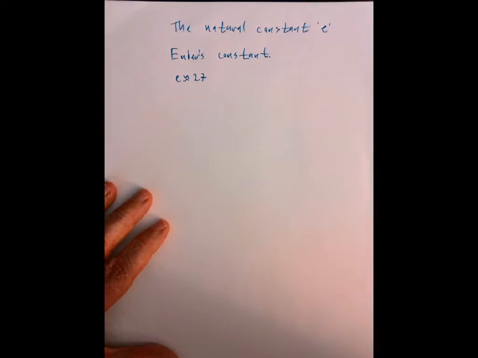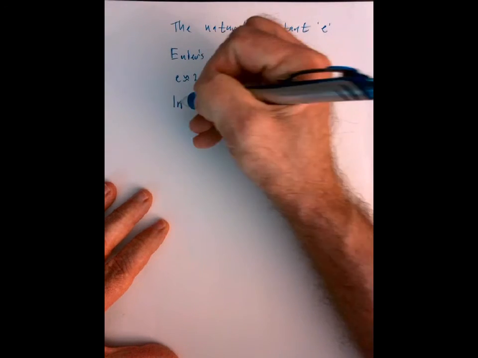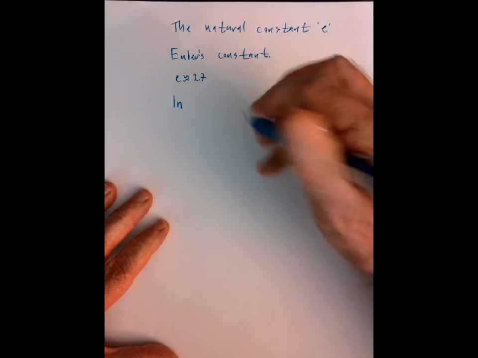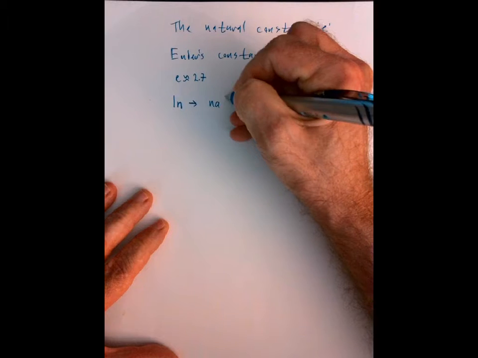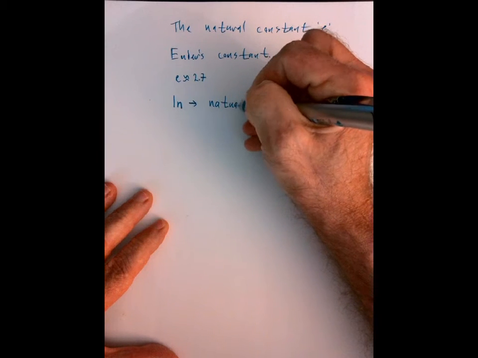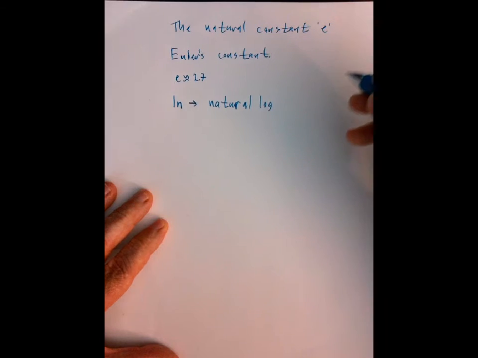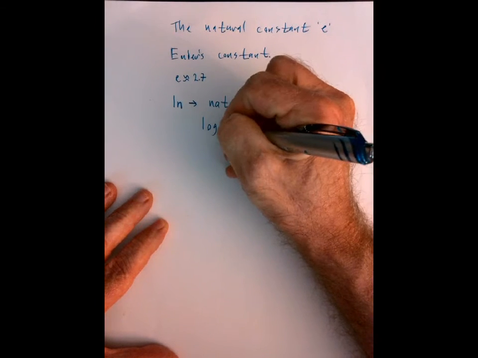On your calculators, if you look for it, and I showed you on my calculator where it was, you will see a key that says ln. That is actually a log key, and it stands for natural log, and specifically it is log base e.